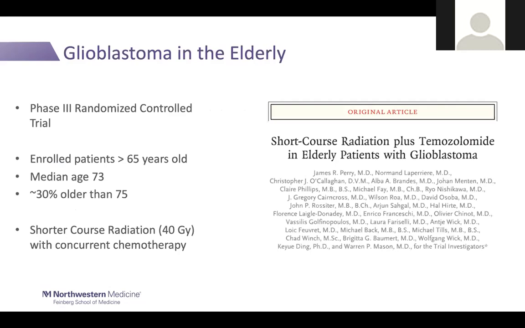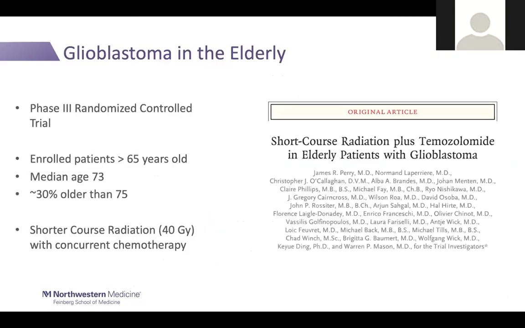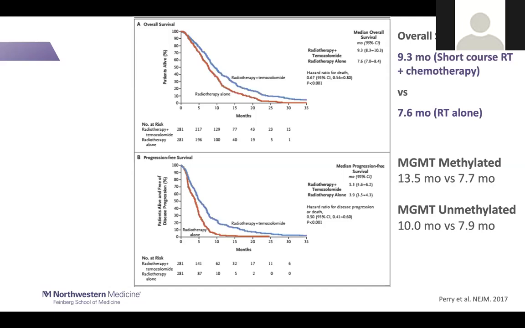Again, another study that was really helpful for us showed that in people who received a shorter course of radiation with chemotherapy, there was no major difference in how people did, but we do know that people on chemotherapy and the short course radiation did better compared to radiation alone. So that's why we tend to favor the combination even in elderly patients.